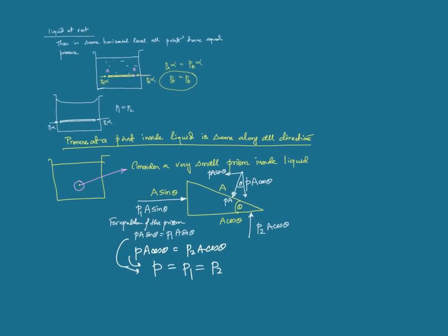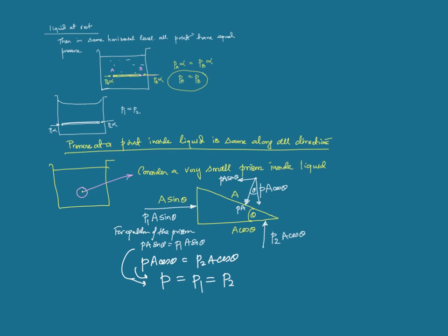And that proves our point that pressure is the same along all directions. We considered pressure at this point, it's P from here, P1 from here and P2 from here, and now we have proved that these are the same.